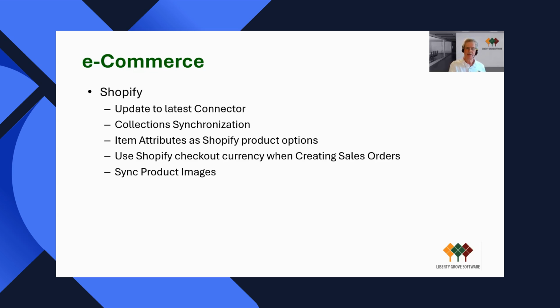So those item attributes are then used in that synchronization process to allow Shopify to identify that everything is A, related, and then B, when it puts it on the website, it can structure that so that you get the polo shirt, you have the color choices, and then you have the size choices. So the item attributes as product options, that's what I've just been talking about.